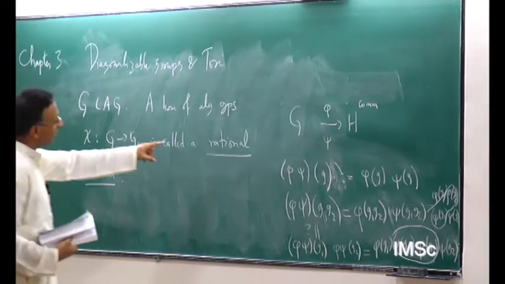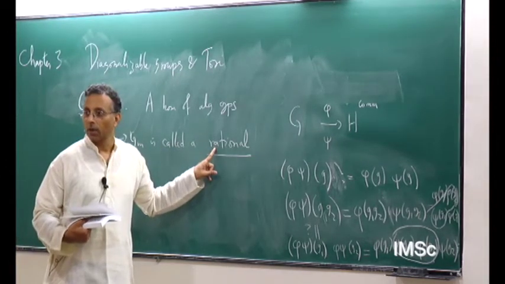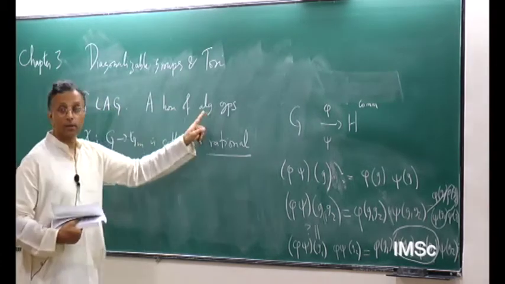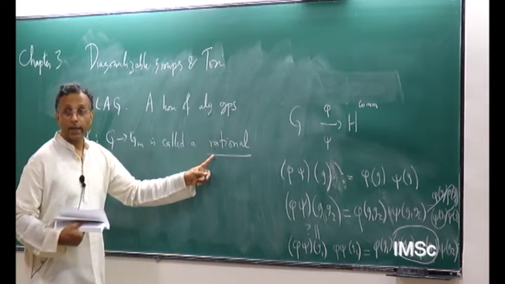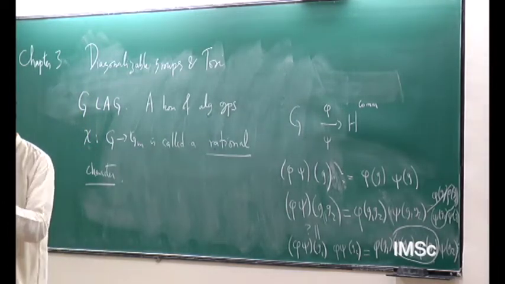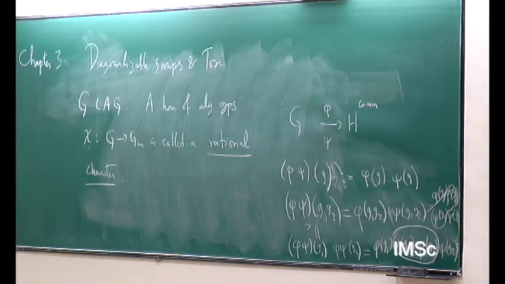Okay, and why do we say rational? To emphasize that it is a homomorphism of algebraic groups. Again, as I said, we say G acts rationally on a variety X. You might want to think it is polynomial rather than rational, but as I pointed out before, polynomial has been reserved for a certain special kind of thing.